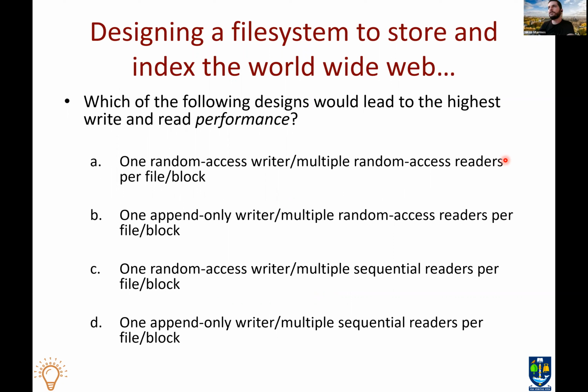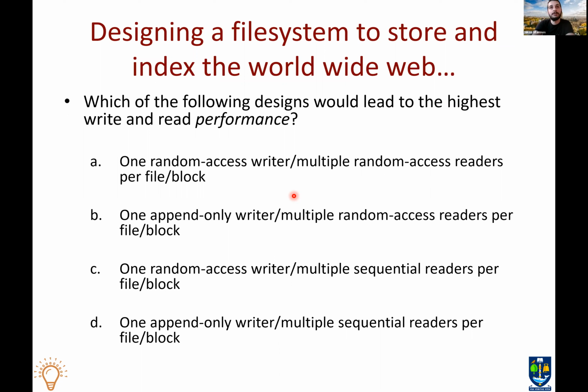So here's another one of these polls. Let me get the poll started on Slido. The question here is, which of the following designs would you expect to lead to the highest write and read performance? And again, remember that performance here is all about throughput, not necessarily latency.